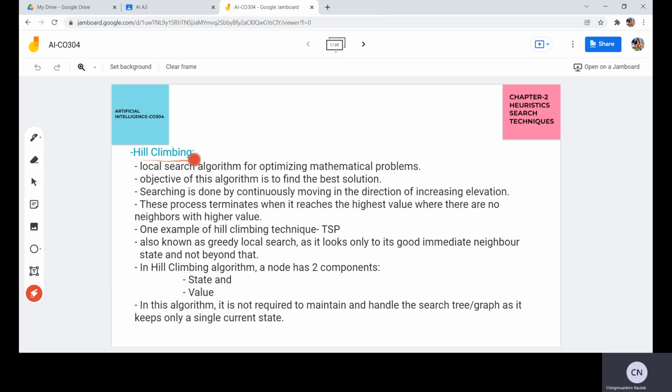Hill climbing. If you have not heard of this term before, the hill climbing algorithm is a local search algorithm that continuously moves in a direction of increasing elevation to find the maximum value of the mountain or a hill.